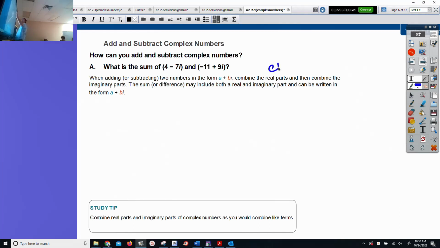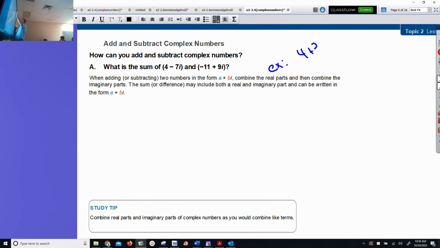The number of kids that will miss questions like this blows my mind. At some point in high school, somebody has asked you to do something like 4 plus 3x plus, I don't know, maybe -5 minus 2x. What do you do in that situation? What do you add? Like terms. That's all you do.